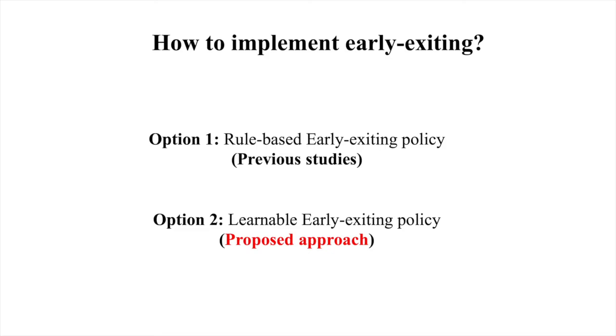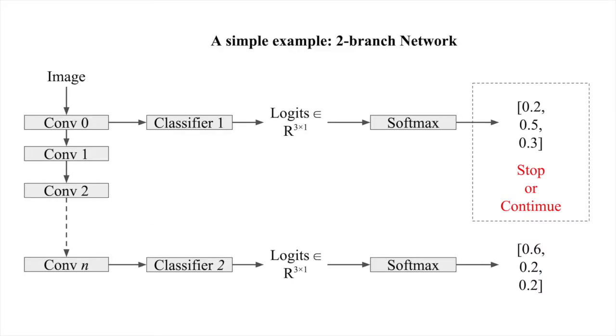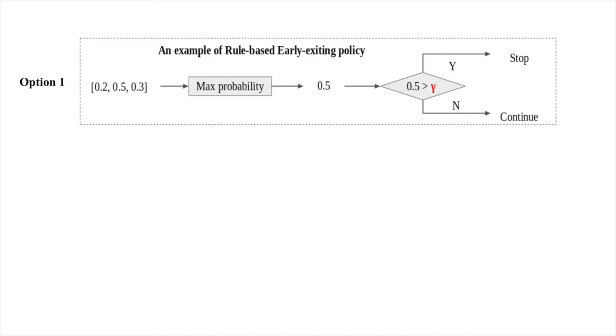How to implement early exiting? The previous studies usually adopt rule-based policies which make use of some uncertainty measurements. In this work, we propose another option, a learnable early exiting policy. Let's still use the previous example, a two-branch network. For the rule-based early exiting policy, we show a simple example here, which is widely used in current dynamic inference models.